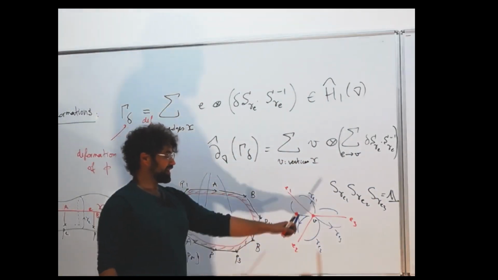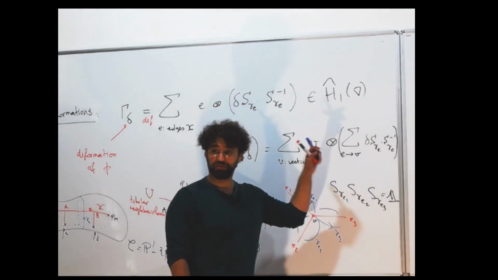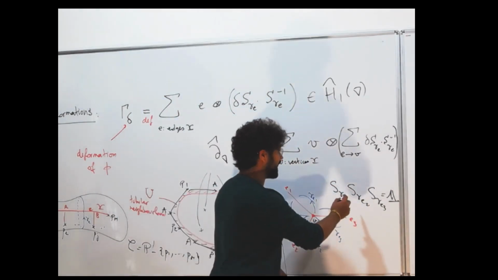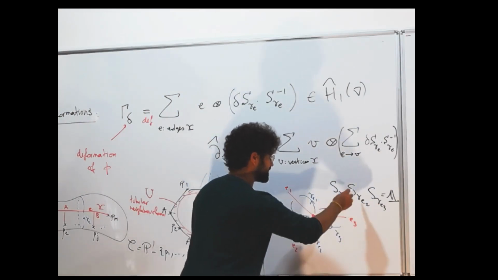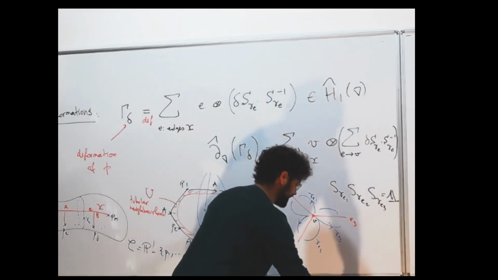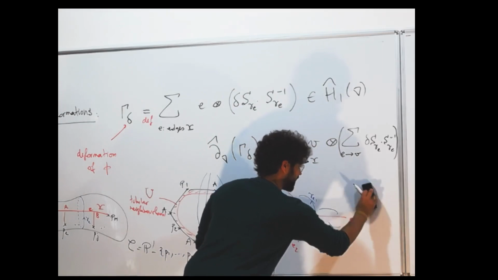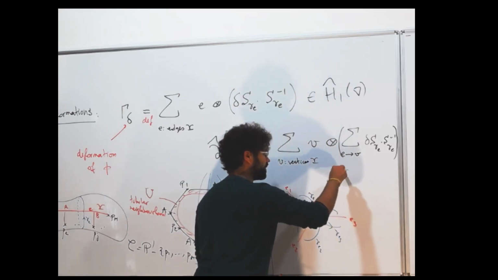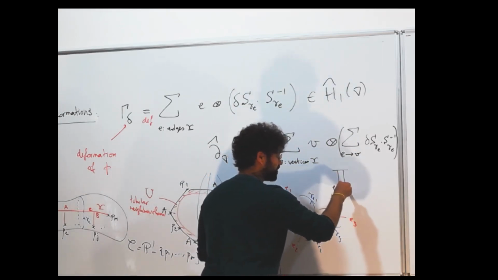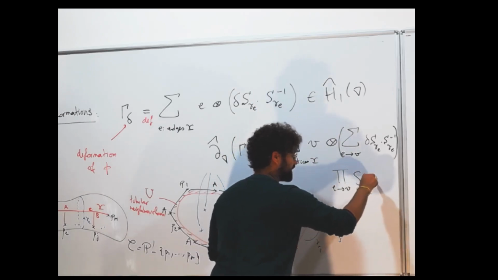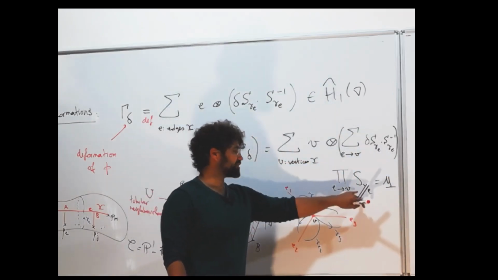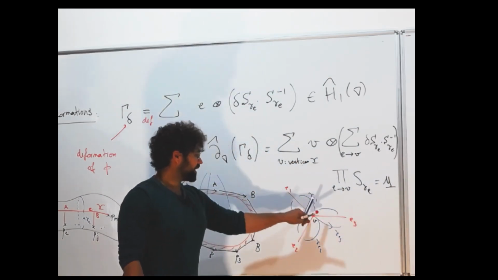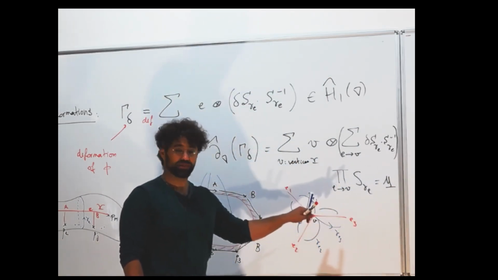Okay, now you take this expression, you deform it, and so let me write it this way: you have basically the product over E to V of S gamma E is equal to the identity. Okay, this is non-commutative, but you pick the natural order in the product.